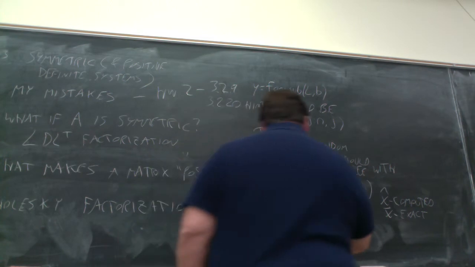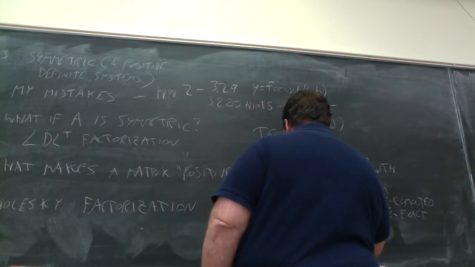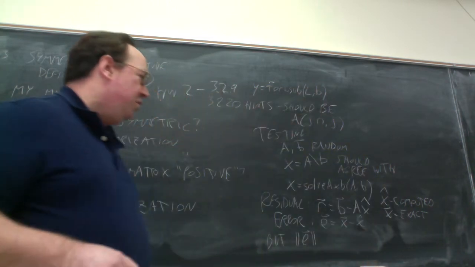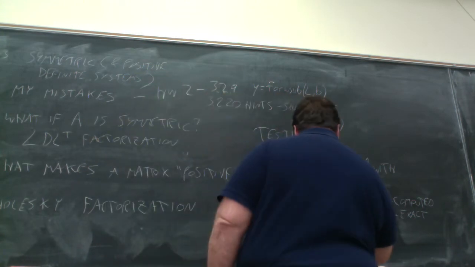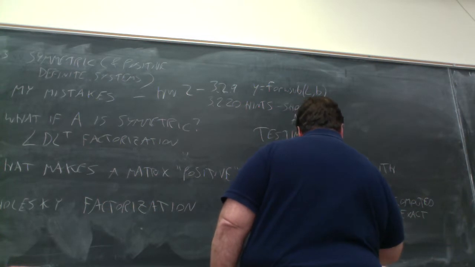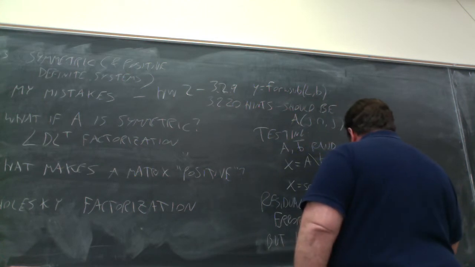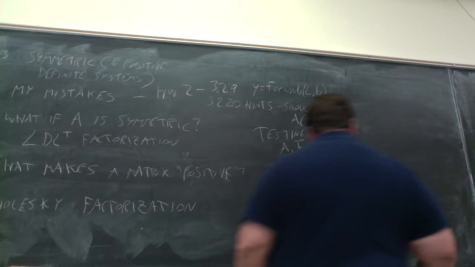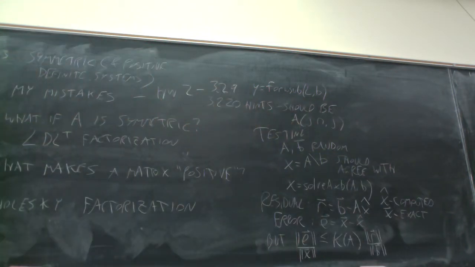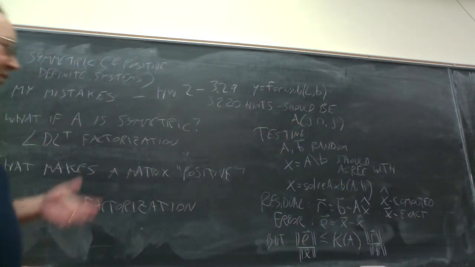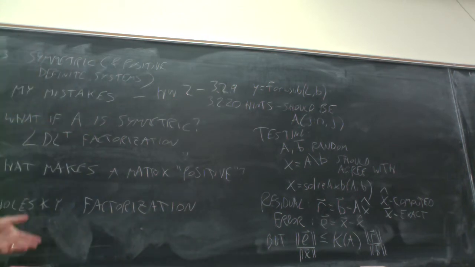But in general, the relative error is less than or equal to the condition number of A times the norm of the residual relative to the norm of B. So if A is ill-conditioned, the norm of the residual could be very small, but the norm of the error could still be very large.